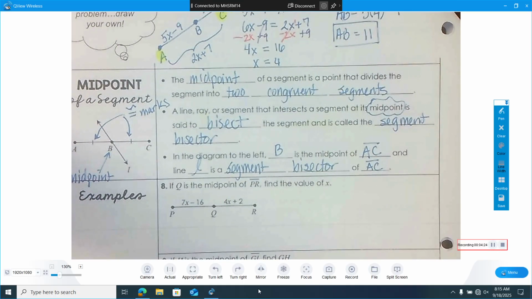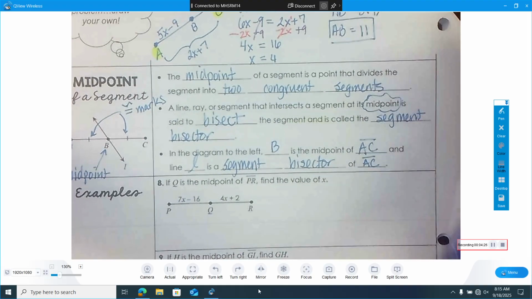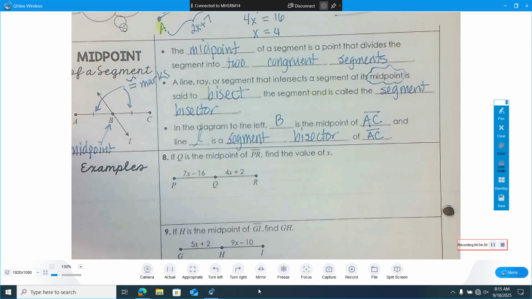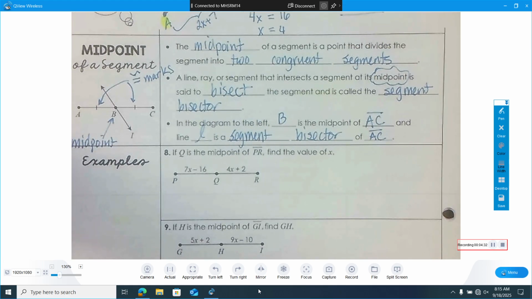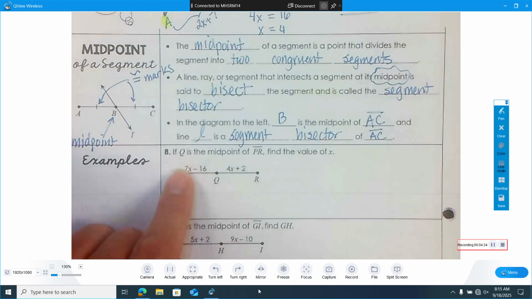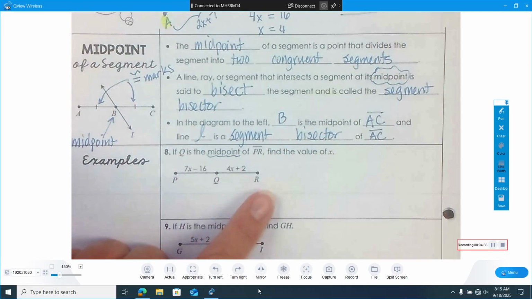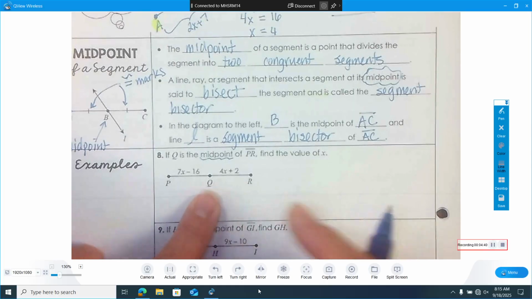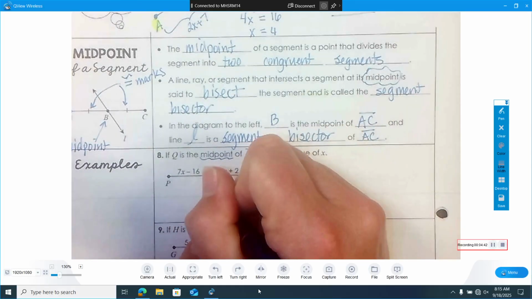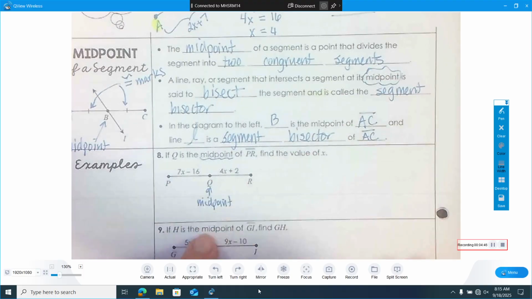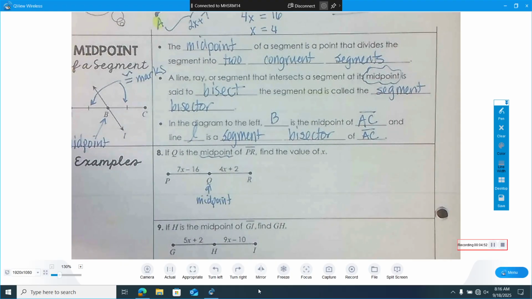Okay, so now we're going to take all this information and put it together with our segment addition postulate. It says Q is the midpoint of segment PR. What does that mean if Q is the midpoint? It's the middle. And if it's the middle, then I know that I have 2 congruent segments.